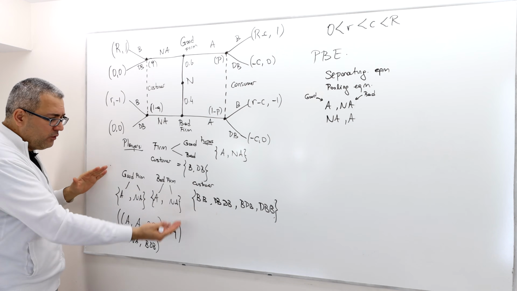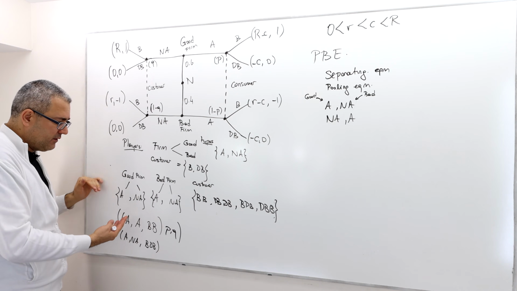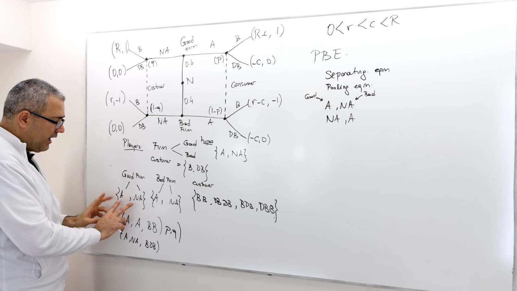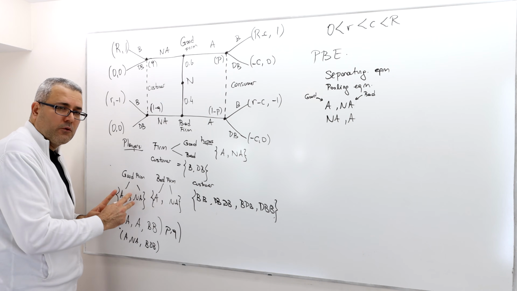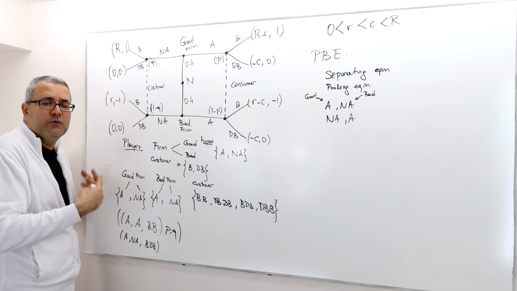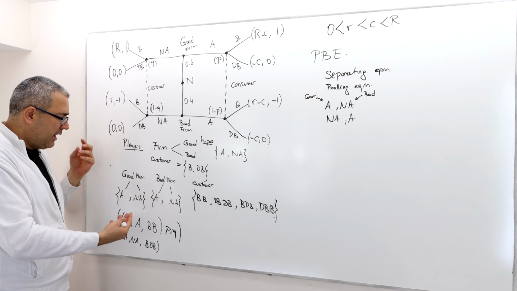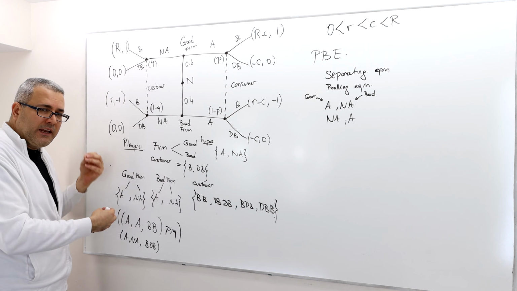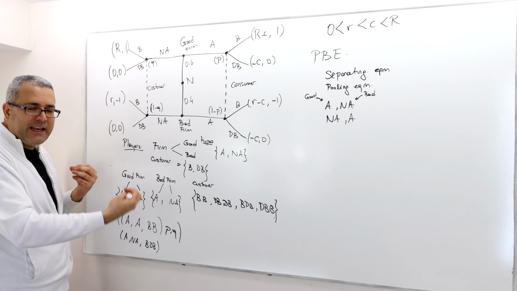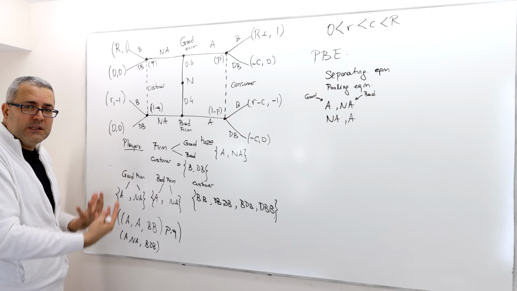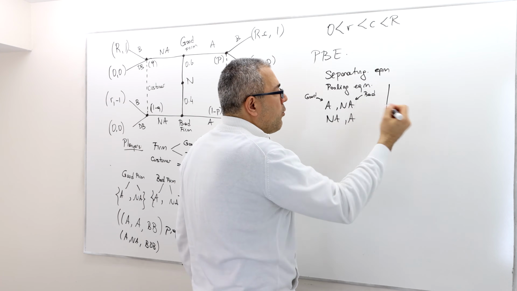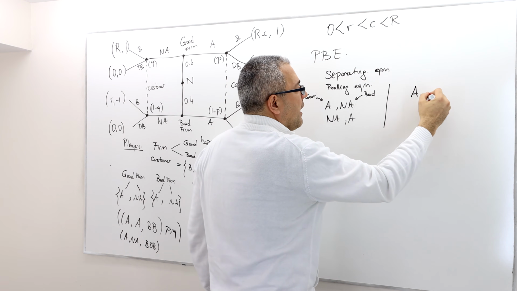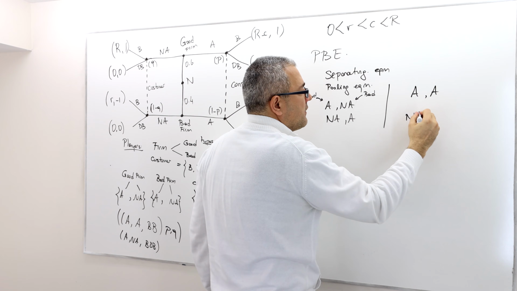If you look at all the combinations, we have two strategies for the good firm and two strategies for the bad firm, so 2 to the power 2, 4 combinations: AA, ANA, NAA, and NANA. Out of these 4, only 2 are potentially separating equilibria. Well, what about the pooling equilibrium? They're going to look something like this.